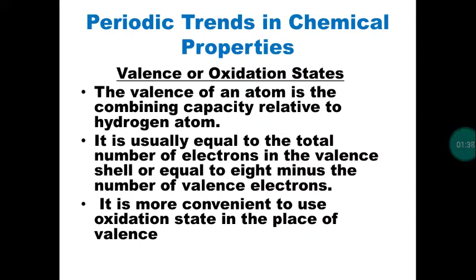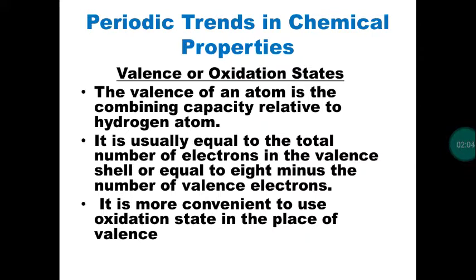So we take hydrogen as a standard or reference. With respect to hydrogen, we may calculate the combining capacity of another atom or element. So the valency of oxygen is calculated as 2, because each oxygen is bonded with two hydrogen atoms in the water molecule. So this is one way of calculating the valency of an element.